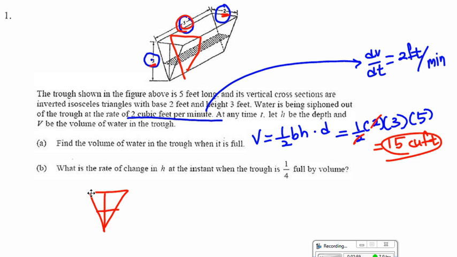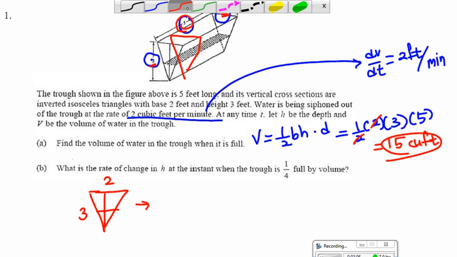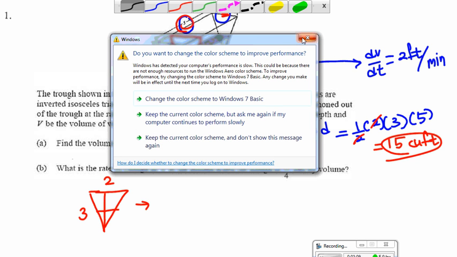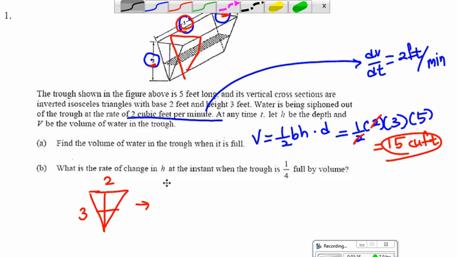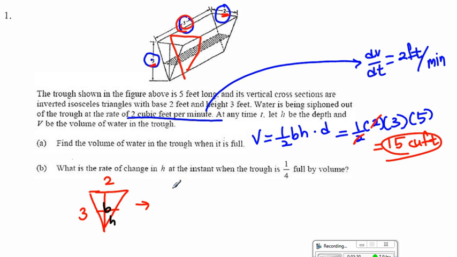Since this base was equal to 2, while the height was equal to 3, if I call this one base, and then height, base over height will be equal to 2/3.